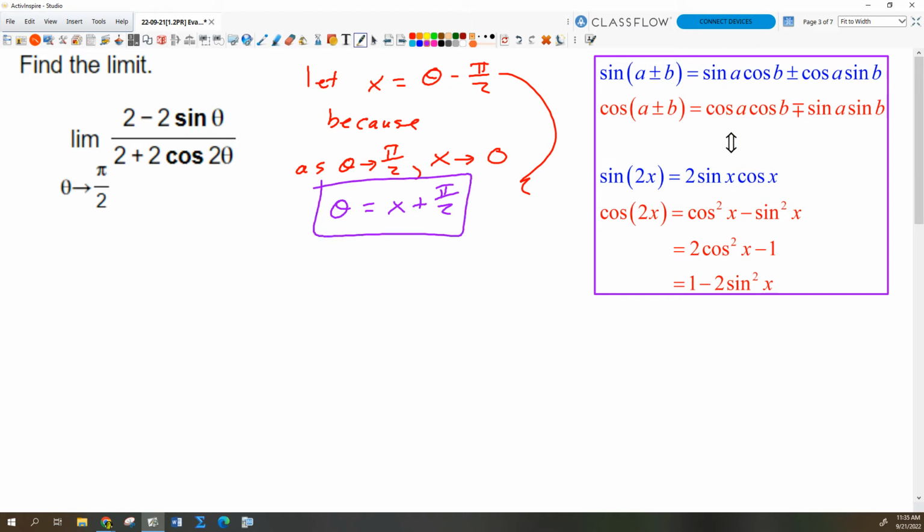Okay, so theta equals x plus pi halves. We'll make that substitution there and there and there, right?